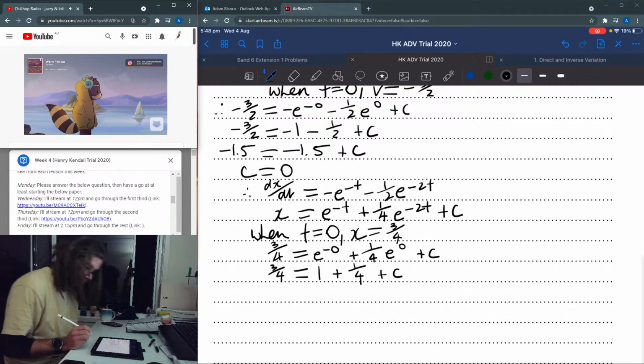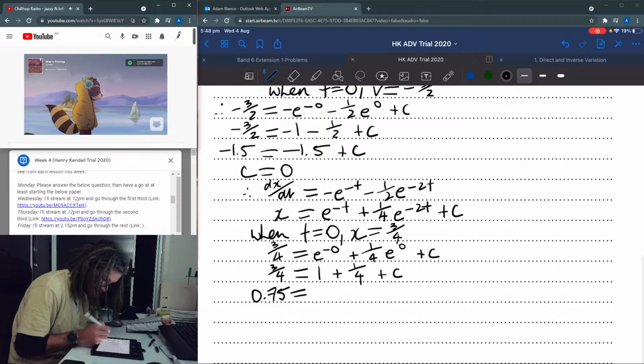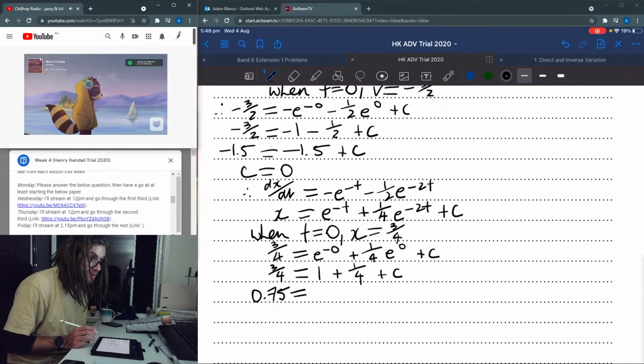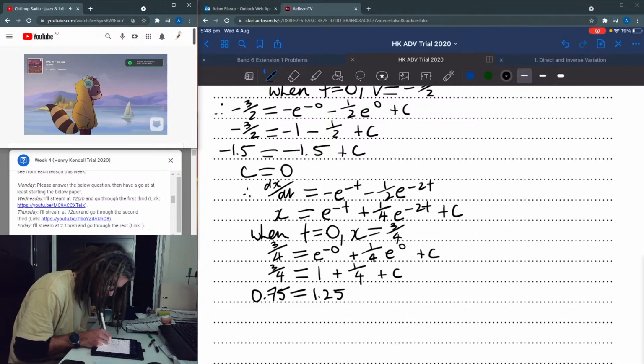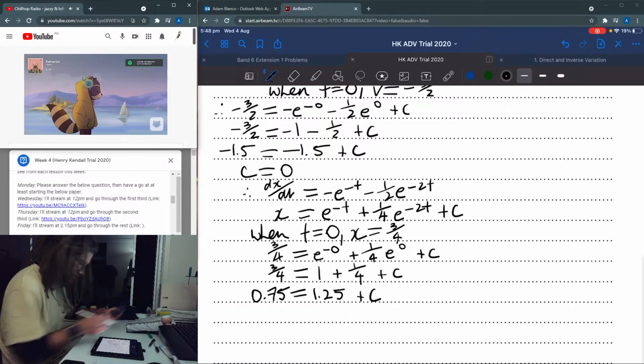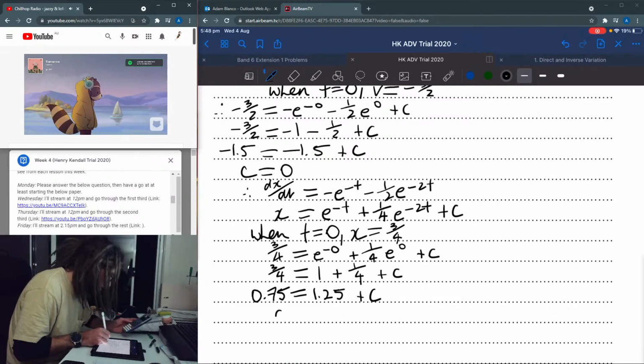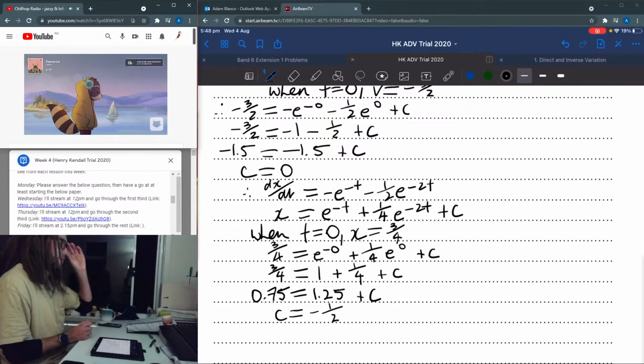I'm going to write this as decimals because they make more sense. What's 1 plus 1 over 4? 1.25 plus c. I can't do this in my head. 0.75 minus 1.25 is negative a half. C is negative a half.